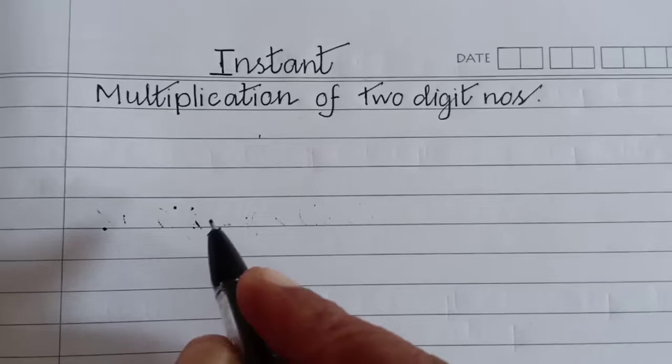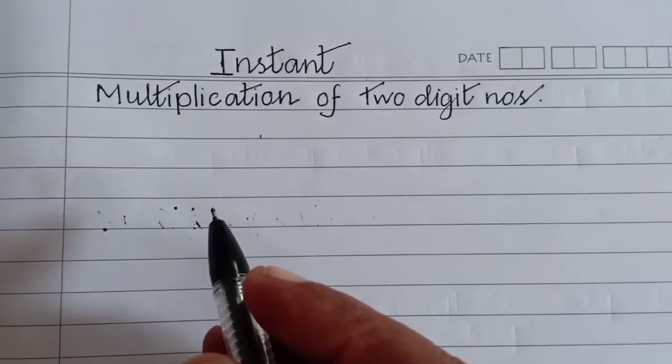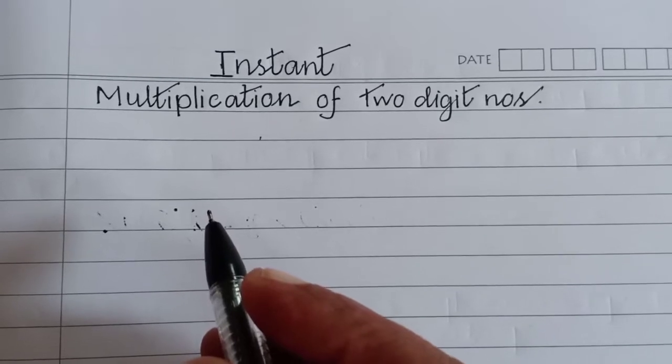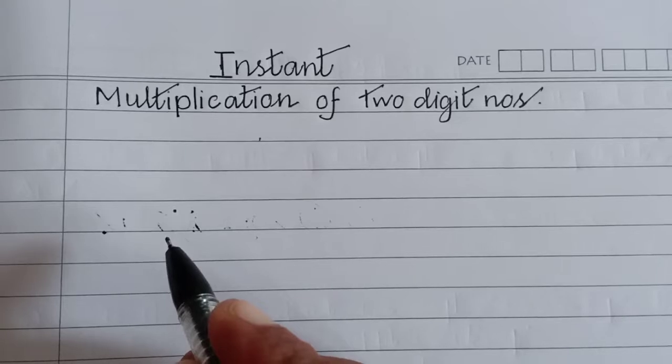Now see various types of questions related to the multiplication of 2-digit numbers. Now we can solve it very instantly, within a second.